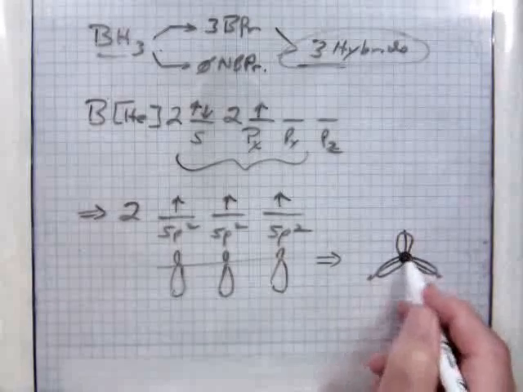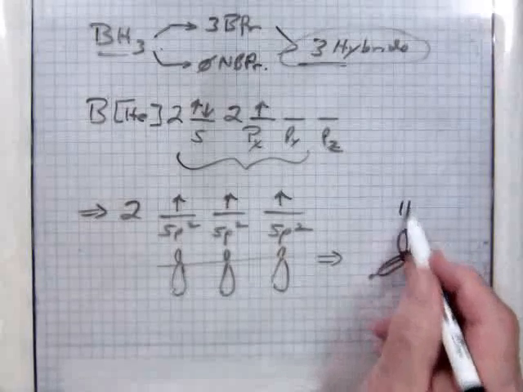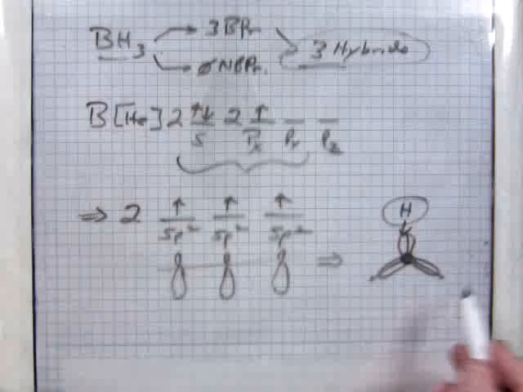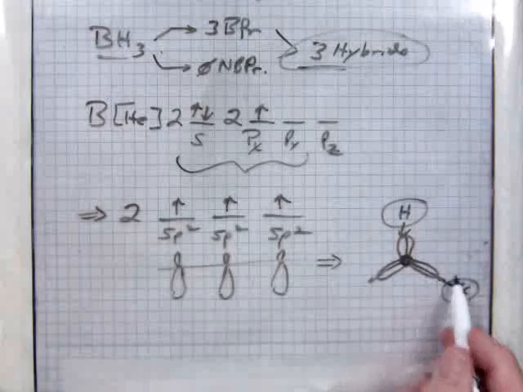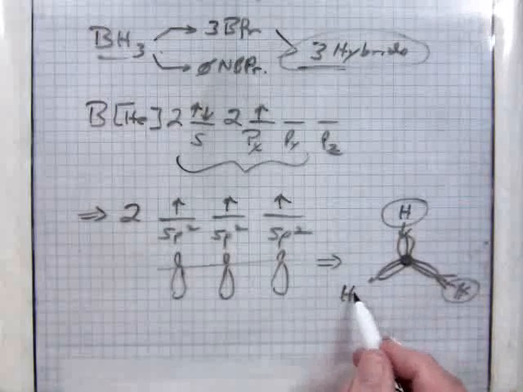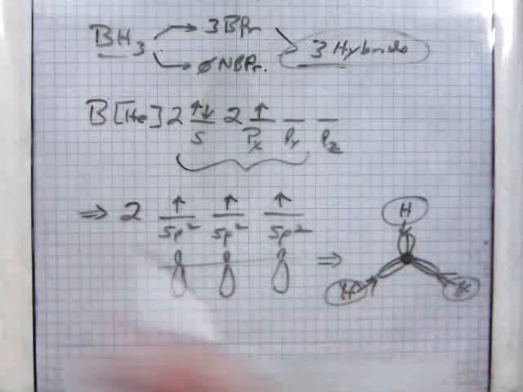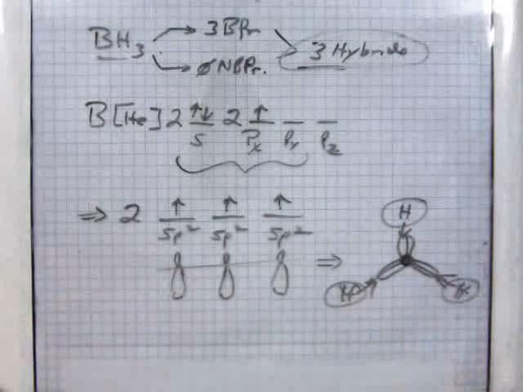And there's your central element, and your attachments, your hydrogens, will come in and hook up in those positions. And I'm keeping a secret from you that it's going to show up here in a few minutes.